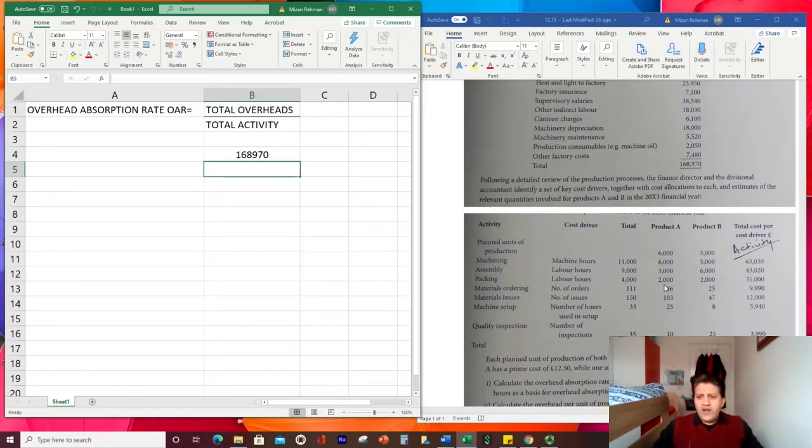However, another accountant would say that we should add up the labor hours of assembly and packing together, and that's how we should absorb the overheads.